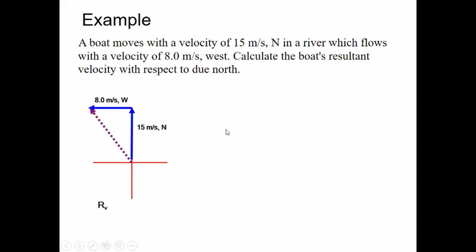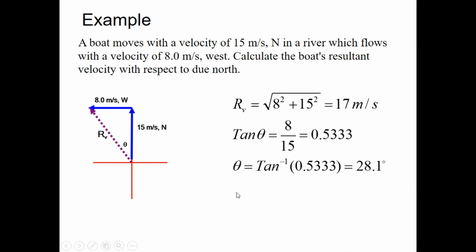And with respect to north, we have to find out. So we need this angle, not this angle, because this is 90 degrees plus this angle will make the angle from the east. We are asked from the north.